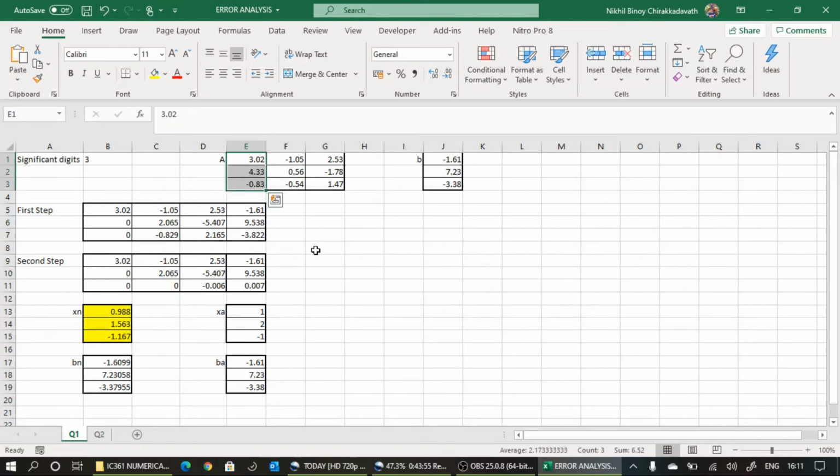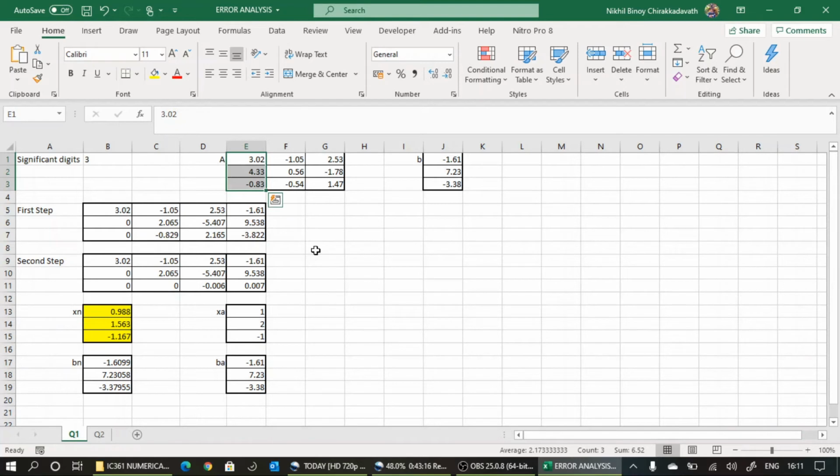Choose the largest one. So what are the elements in that matrix? 3.02, minus 1.05, 2.53, then minus 1.61, 4.33, 0.56, minus 1.78, 7.23, then minus 0.83, minus 0.54, 1.47, minus 3.38.